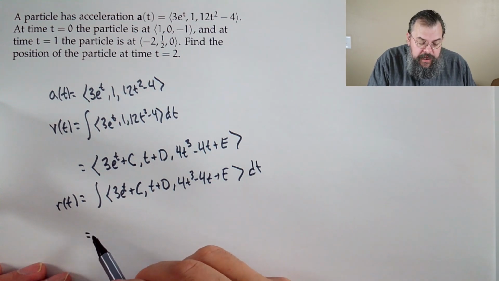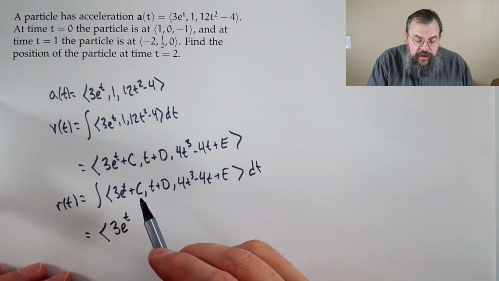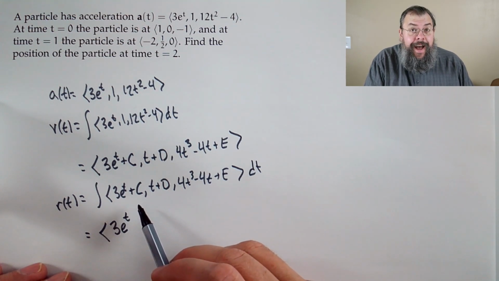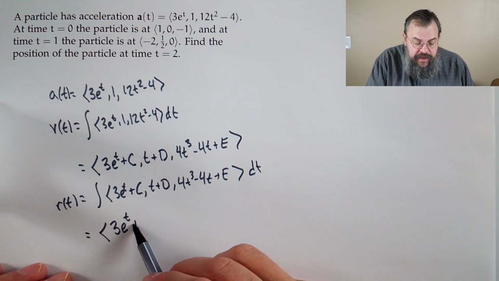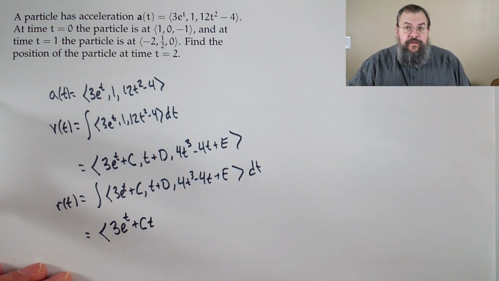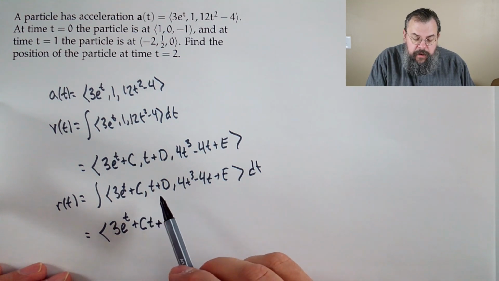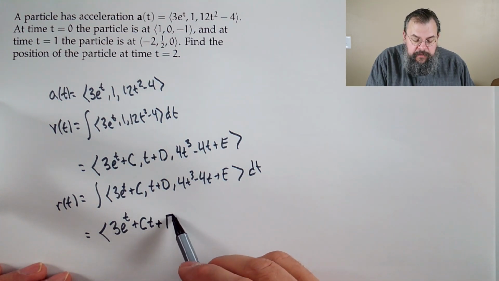So what do we get? Well, we'll get 3e^t. The integral of c will be c times t, right? It's a constant, so the integral of a constant is the constant times your variable. And then a new constant, working our way up through the alphabet, looks like we're up to f.